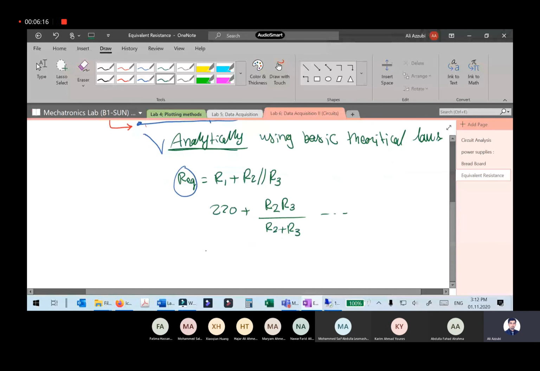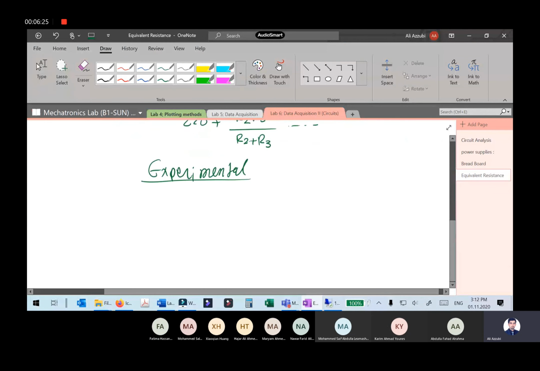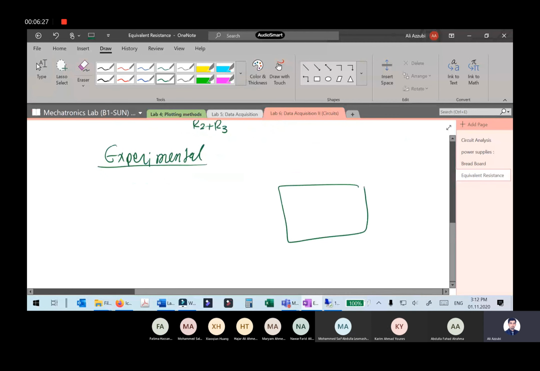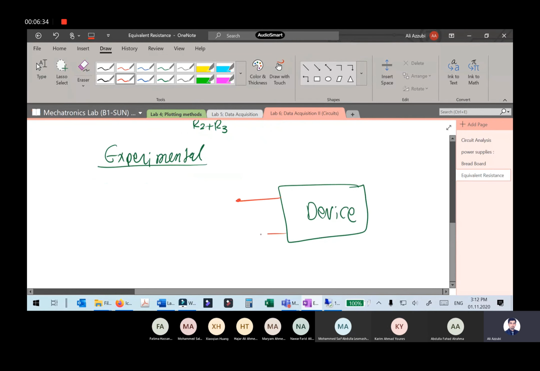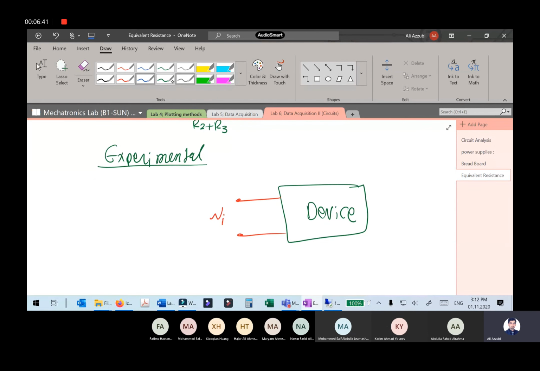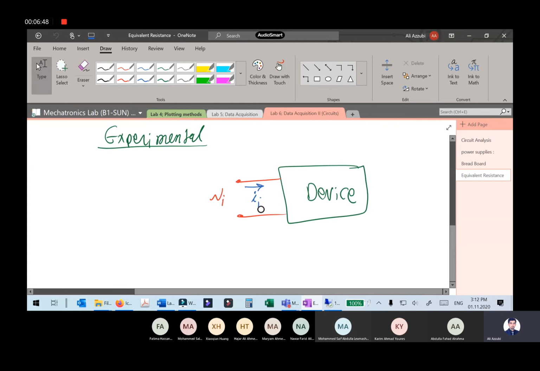On the other side you have experimental. The concept of the experimental is that you have some device, and this device is operating at an input voltage and consuming an input current.